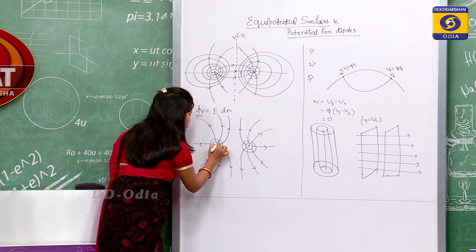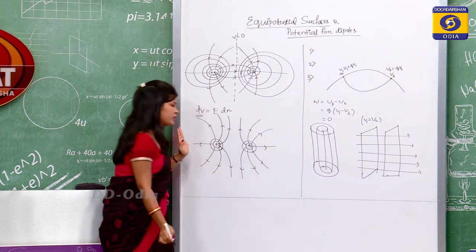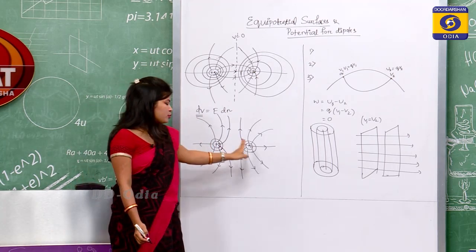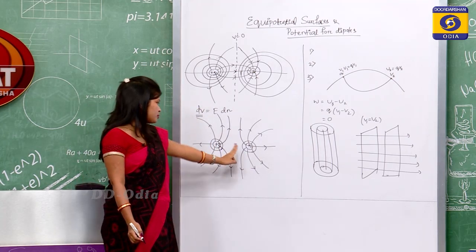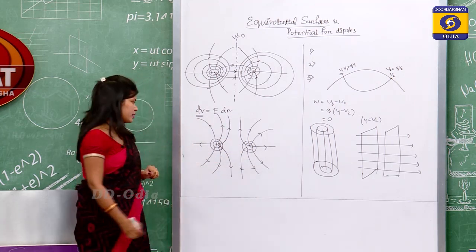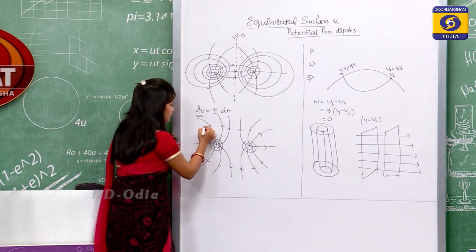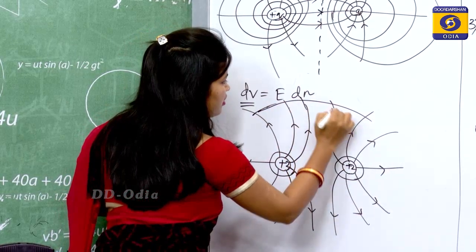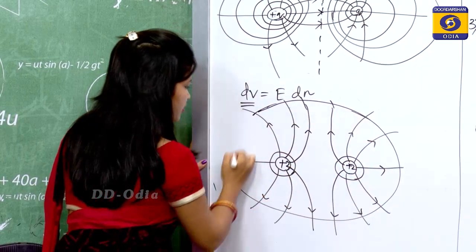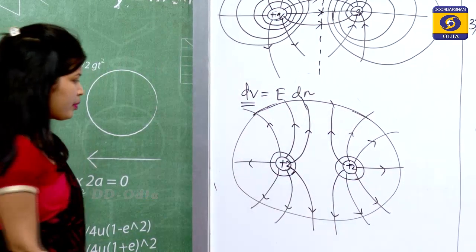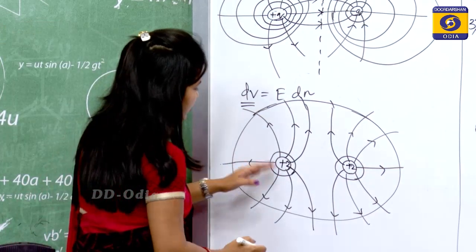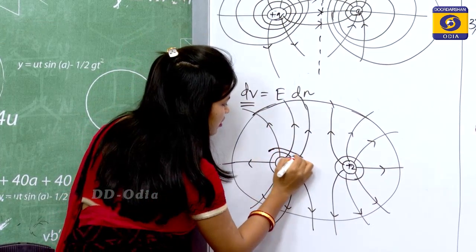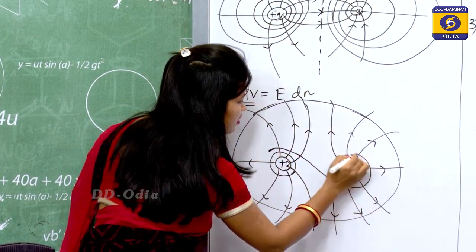Suppose you have here +2 charge and here also +2 charge, then at very far away you will find +4 charge, +2 plus +2, that is +4 charge. So, at far distance you will find the equipotential surface is a sphere. And another shape of equipotential surfaces is like this.